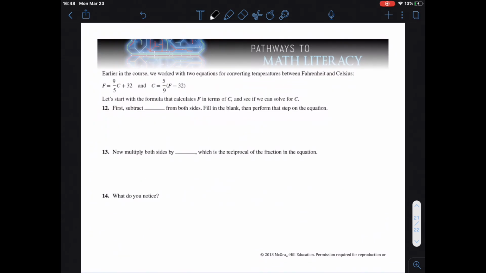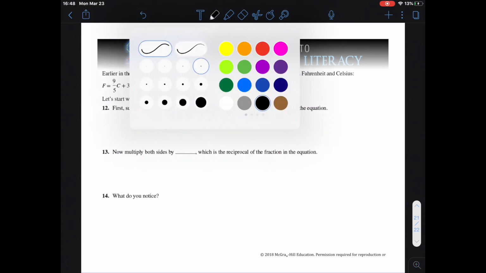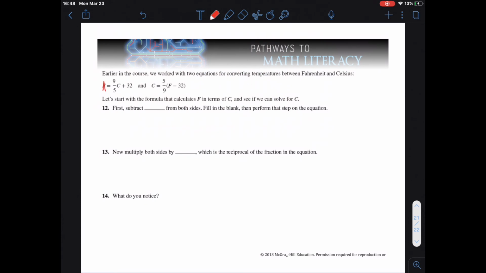Okay. So we're going to go back to our temperatures. We learned two different formulas for converting temperatures. The first one is F is equal to 9/5 C plus 32. So early in the course, we worked with two equations for converting temperatures.